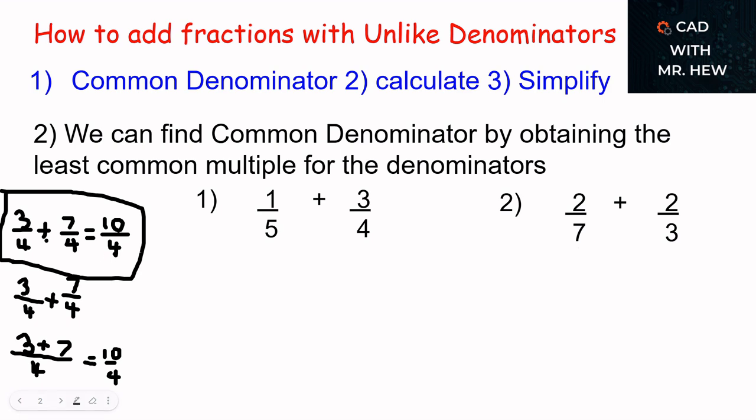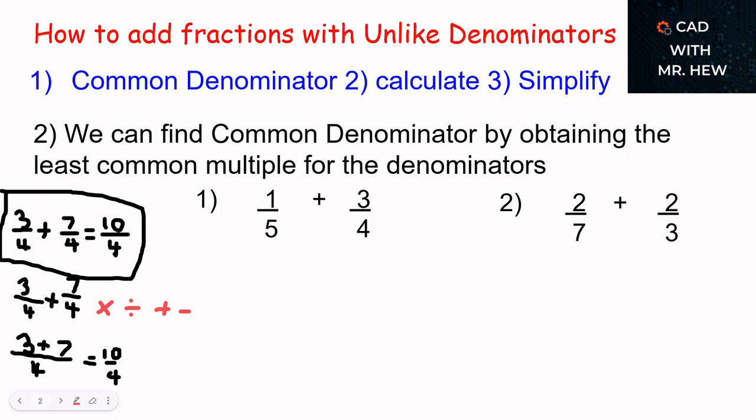Now, you cannot add the two denominators to get 8 here, that would be incorrect, because in math, as you know, there's something called order of operations, and the order of operations is you multiply, then divide, then you add, and then you subtract.